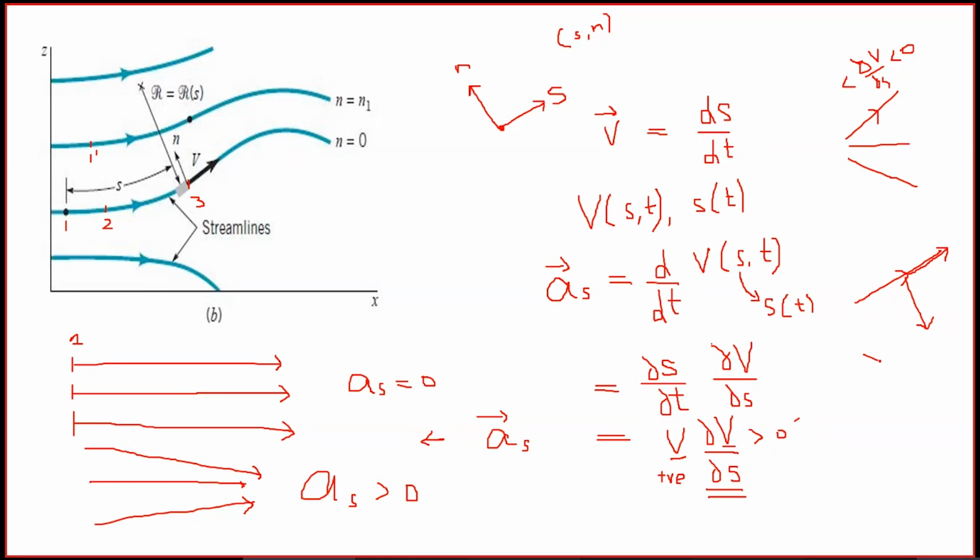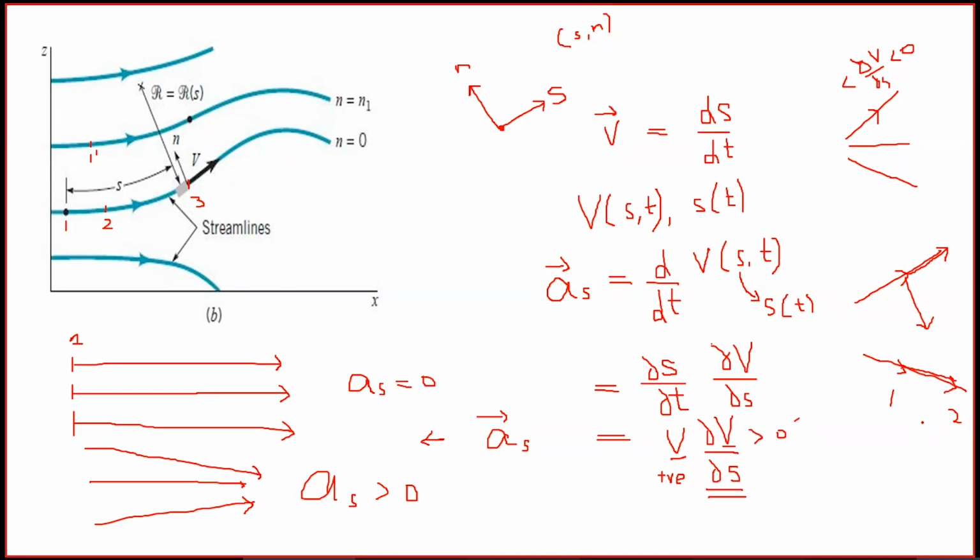And for another case where the initial position is like this. This is point 1 and point 2. Initially, this is the situation, right? From this position, the particle has moved to this point. Again, for this situation, partial V by partial S would be negative. Clear?